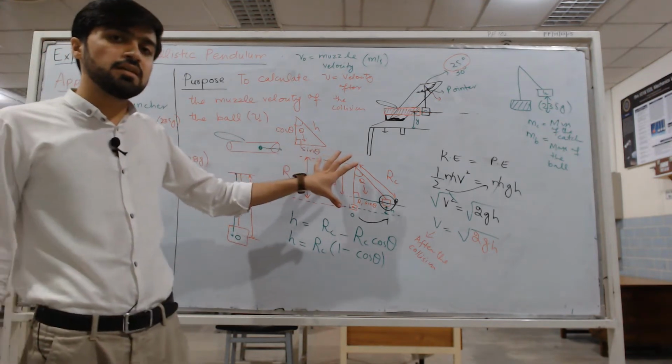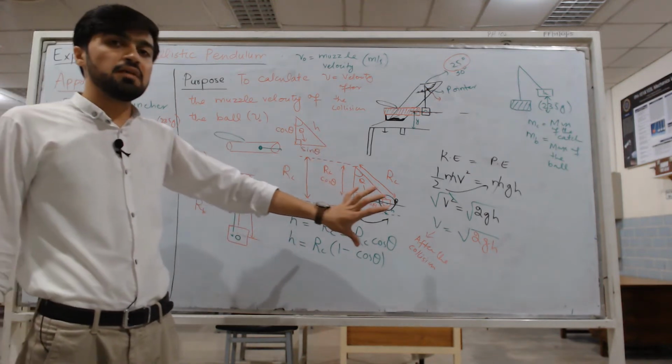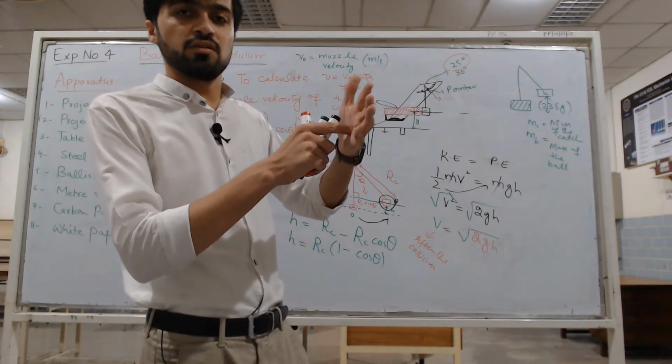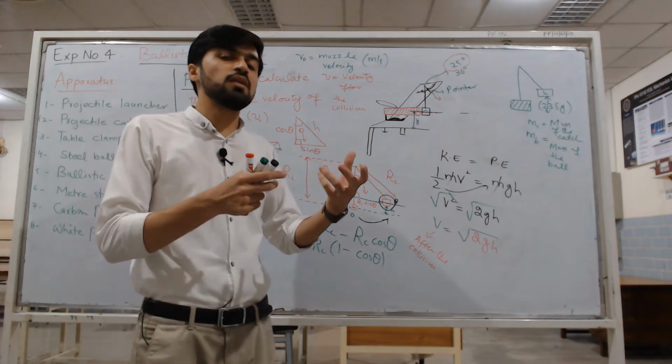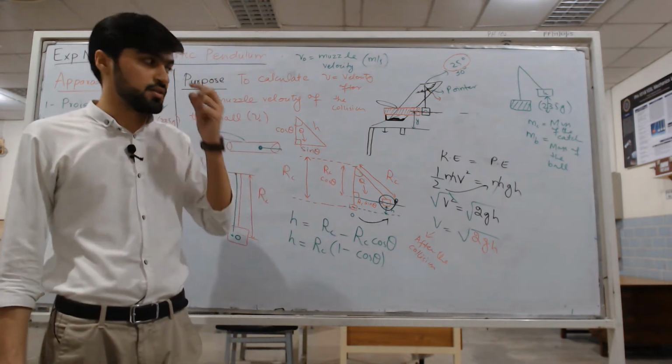So this is basically an example of an inelastic collision. Some kinetic energy is lost in the form of thermal energy, and when it strikes the catcher, some energy is converted into sound energy. We will hear a sound.